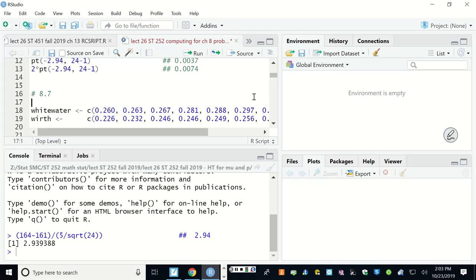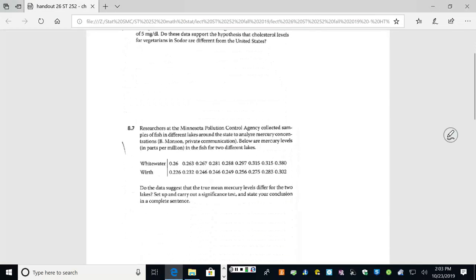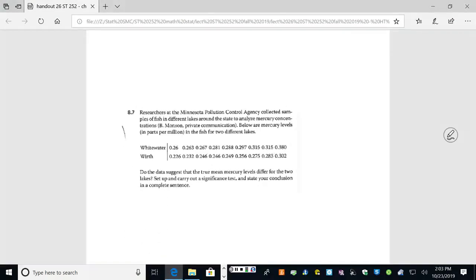In problem 8.7, researchers at the Minnesota Pollution Control Agency collected samples of fish in different lakes. These were mercury levels in parts per million for the fish in 2 lakes. It looks like they've already sorted the data within each group.